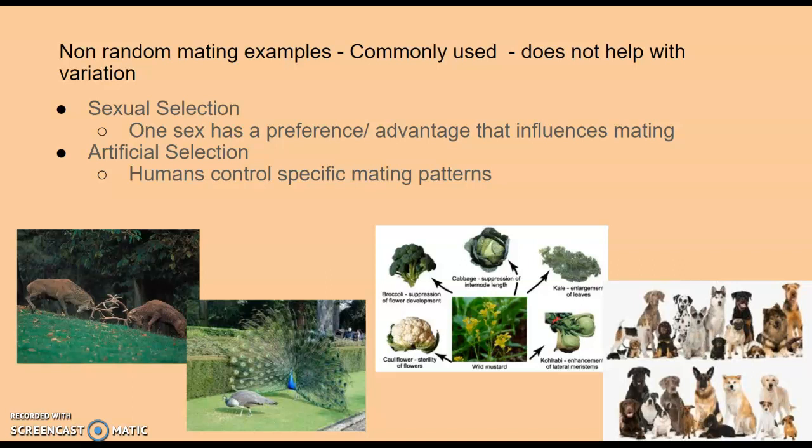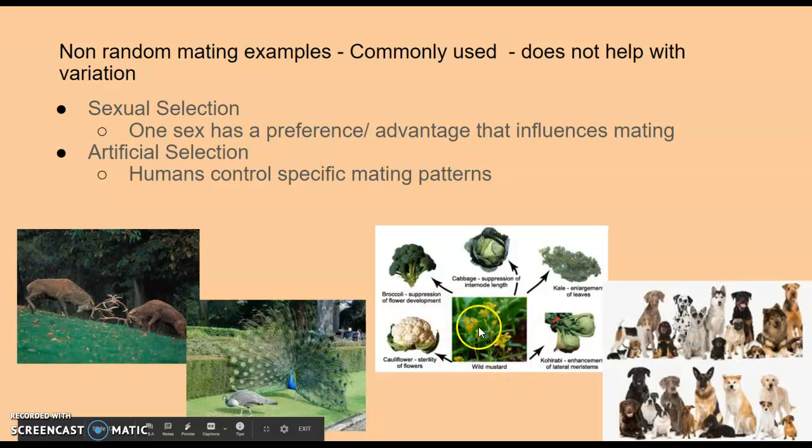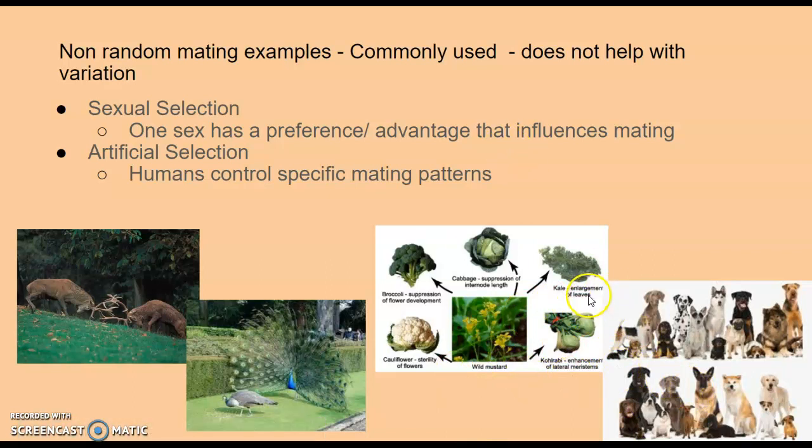Imagine if there was no human selection for dogs and everything was just random, we wouldn't have these clear, distinct breeds. Another example is wild mustard. If scientists are manipulating wild mustard and pairing it with certain things, we get these different vegetables. So this is an example of how humans are controlling the mating patterns, causing it not to be random. Okay.